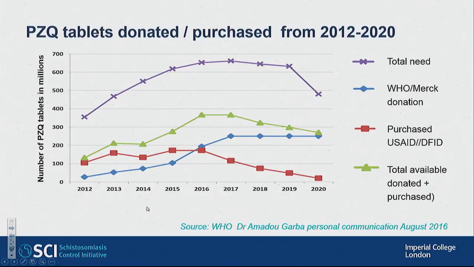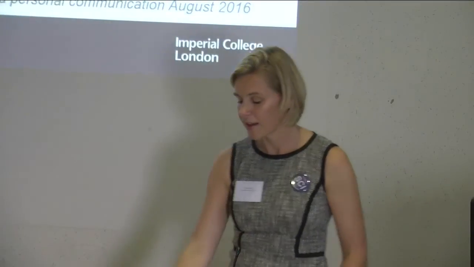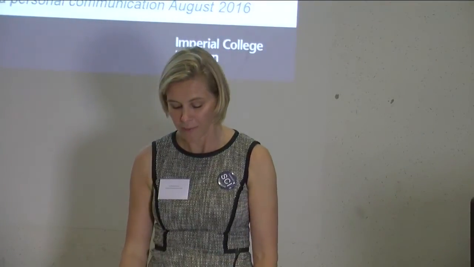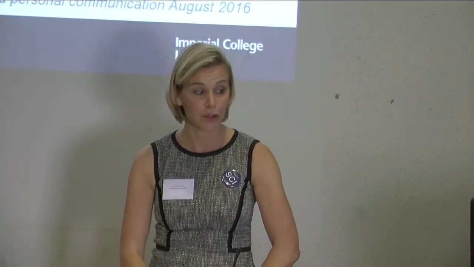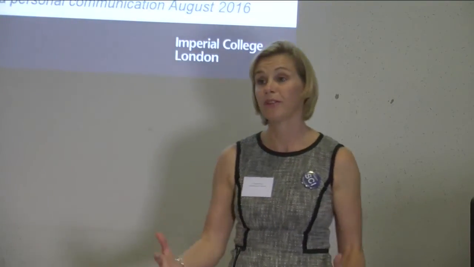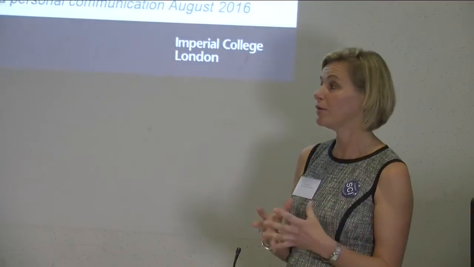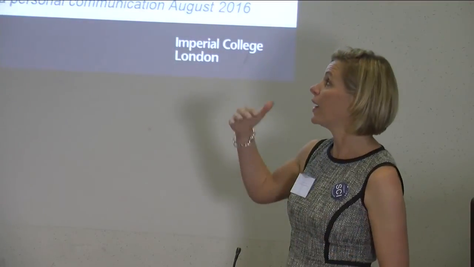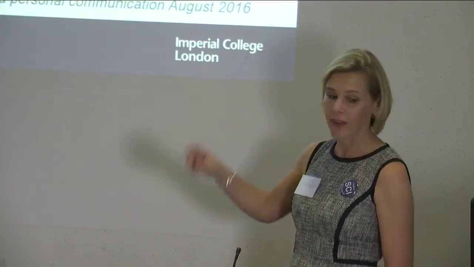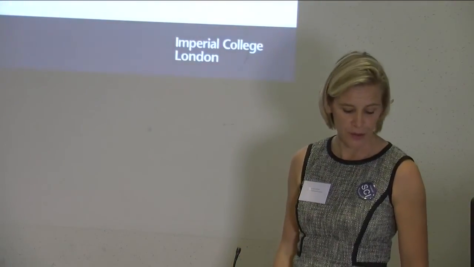You can see that there's a significant gap there. This really is an imperative for SCI to support resource mobilisation so that we can ensure that the praziquantel that is available is delivered, and that we advocate so that we can fill that gap in the future.